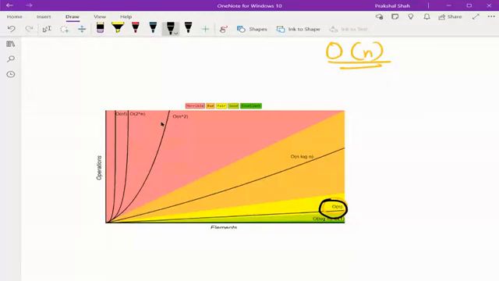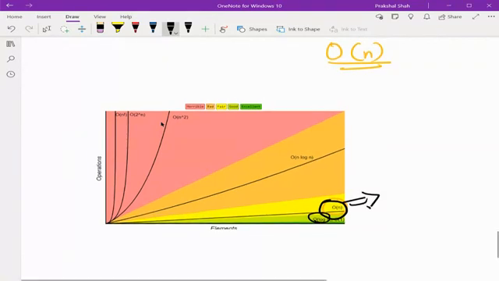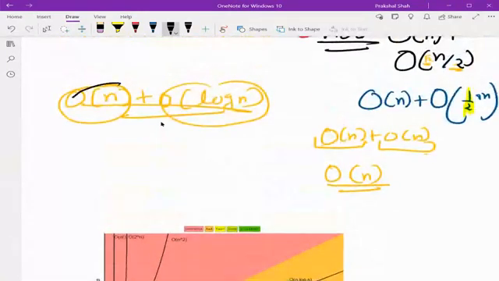And order of log n will lie below that, like this. So obviously order of n is max, right? So whichever is max, you have to consider that only.